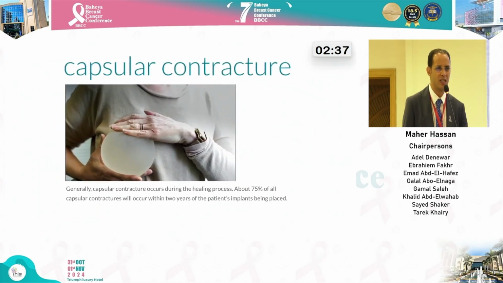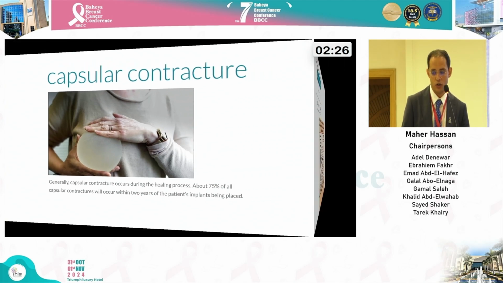And the most distressing and the most frequent is the capsular contracture, which is a normal healing process in all our cases, but it is increased with the radiation therapy.